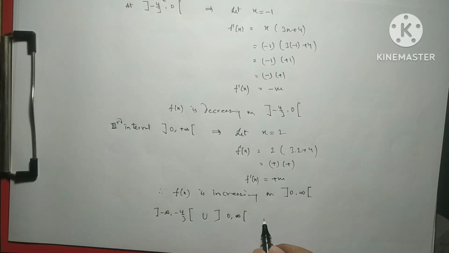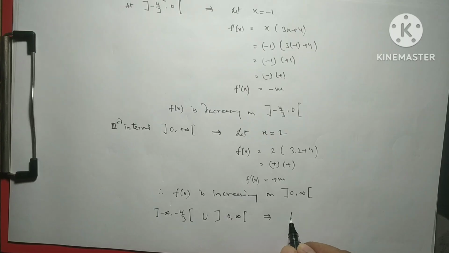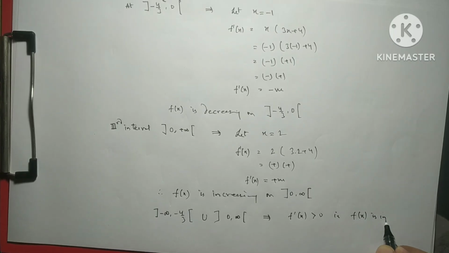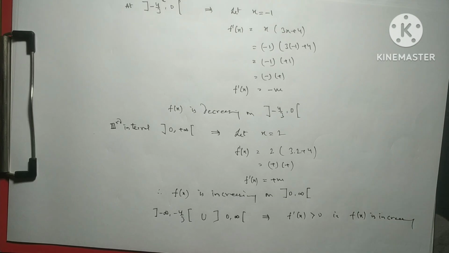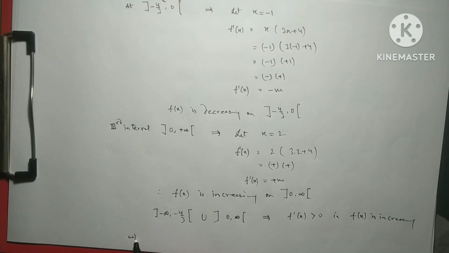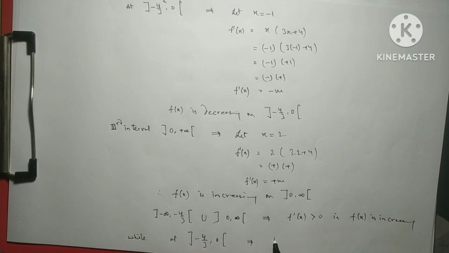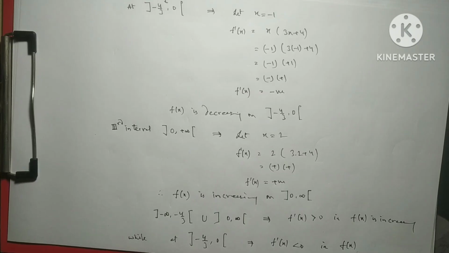So these two intervals give f dash x greater than 0, that is f x is increasing on these intervals. While at minus 4 by 3 comma 0, we get f dash x less than 0 or negative, which means f x is decreasing.